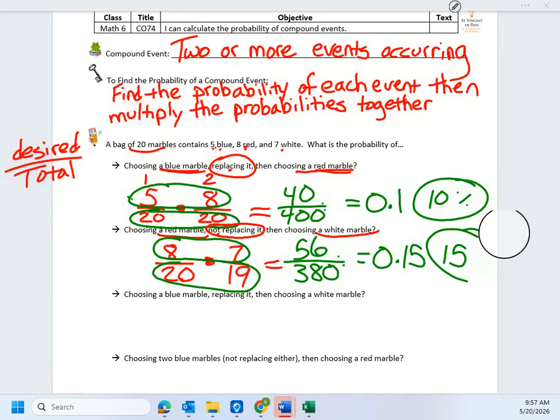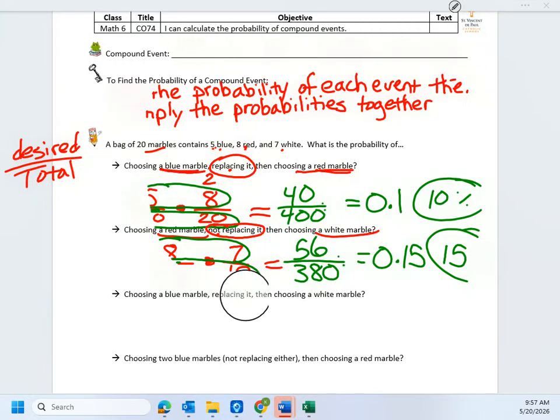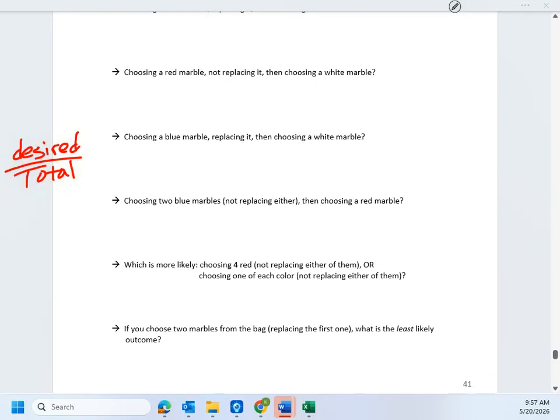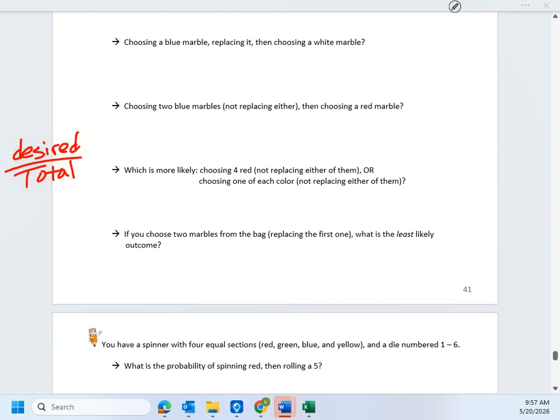All right, I'm going to erase so I can scroll up. All right, next one. Choosing a blue marble, replacing it, then choosing a white marble. Write down your event 1 and event 2 fractions, because we had choosing a blue, choosing a white, paying attention that we are replacing it.